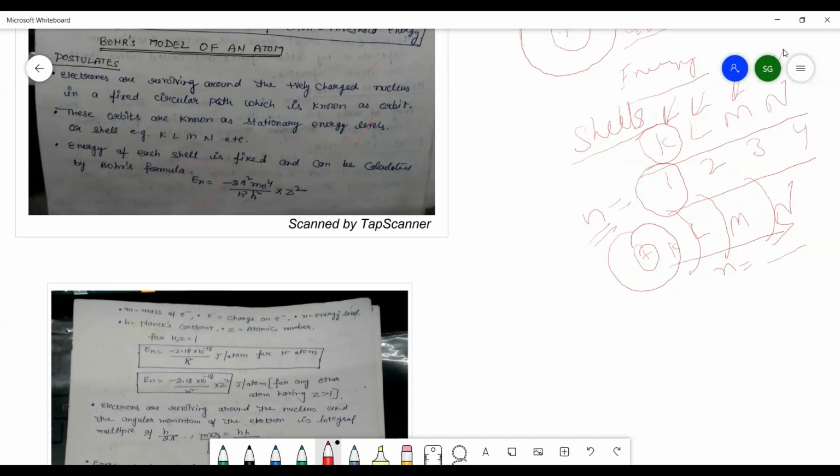We can calculate the energy by this formula: En = -2π²me⁴Z²/(n²h²). Here m is the mass of the electron, e is the charge on the electron, n is the energy level in which the electron is present, h is Planck's constant whose value is fixed, as we saw in the previous lecture, and Z is the atomic number of the atom.